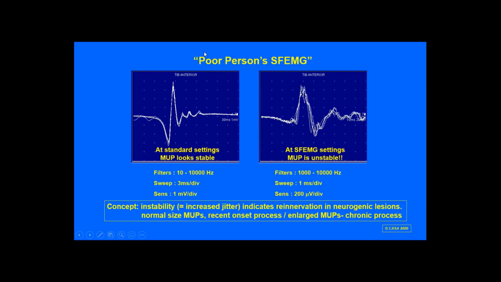And we kind of also call this the poor person's single fiber EMG. Here, potential that may look stable at standard settings may be very unstable when you change the filters. If it's unstable at standard settings, then I don't think you really need to change the filters unless you're interested in looking at it further. But if it looks okay at standard settings, then you may wish to use that maneuver I just showed you previously.